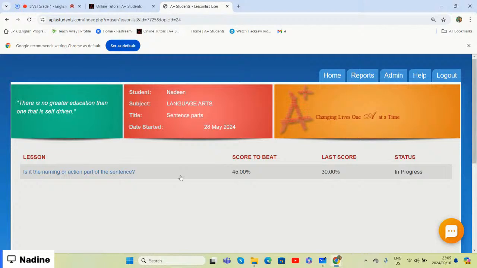And then we're going to scroll down up until we get to the chapter of sentence parts.